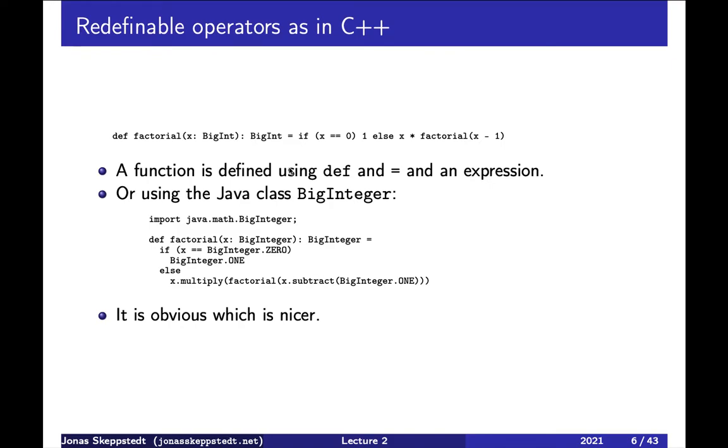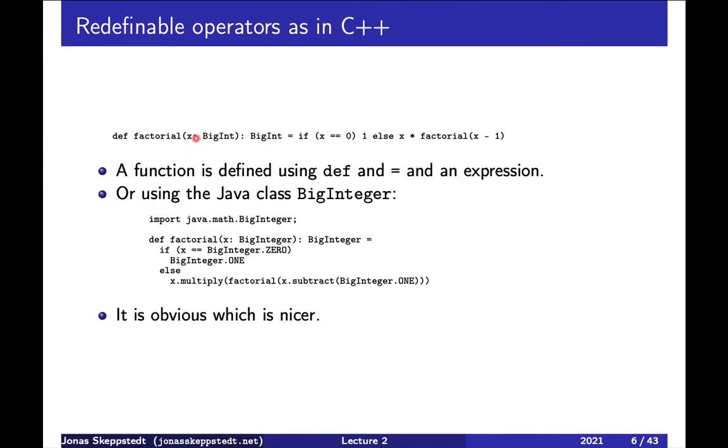Another difference is that you can redefine operators as in C++. So we can write this function. The function is introduced with def, the name, parameters, and return type, and here comes the definition.